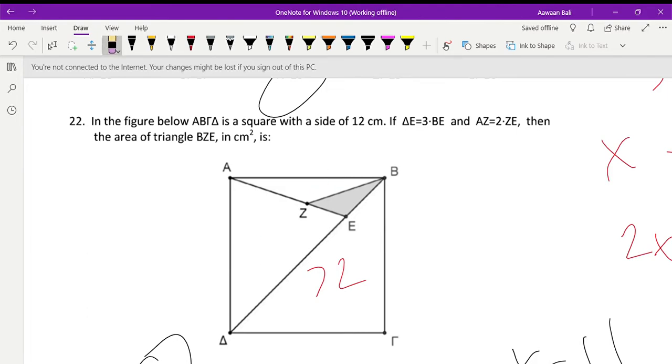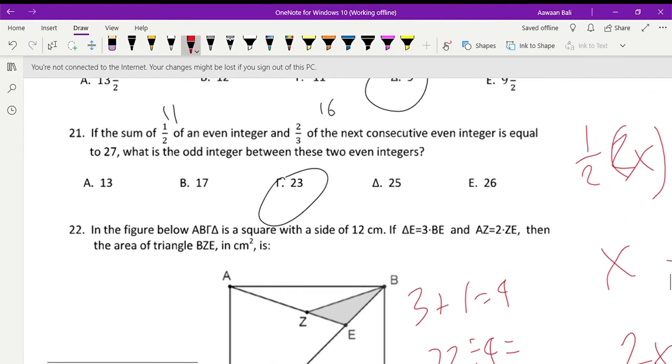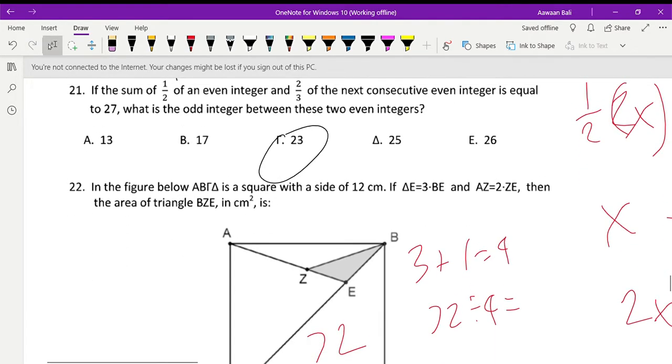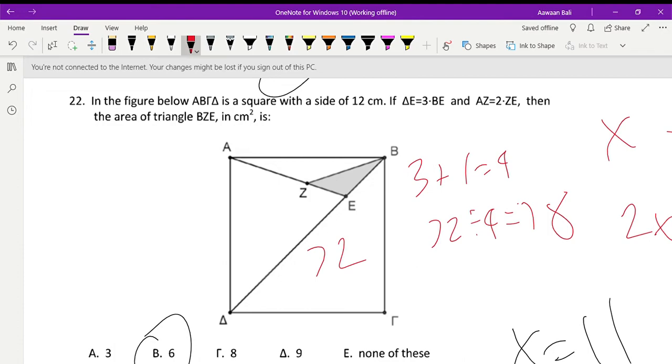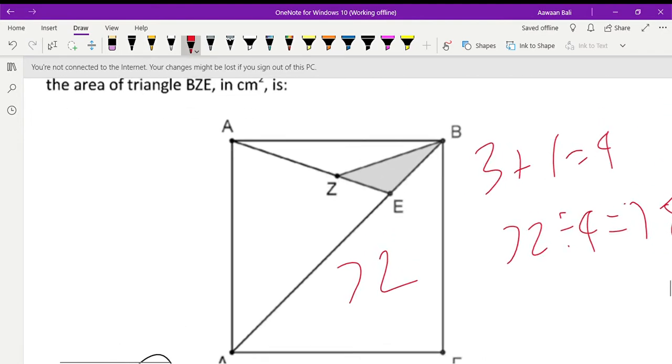So we could just do 3 plus 1 is 4. 72 divided by 4 is 18. So you get 18.